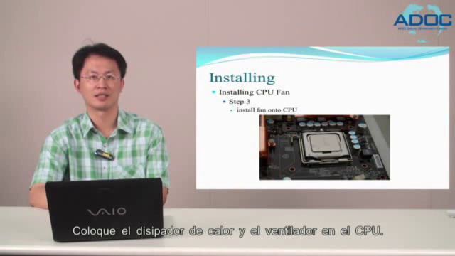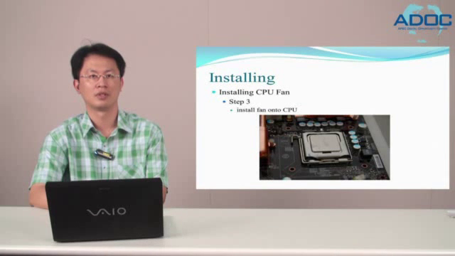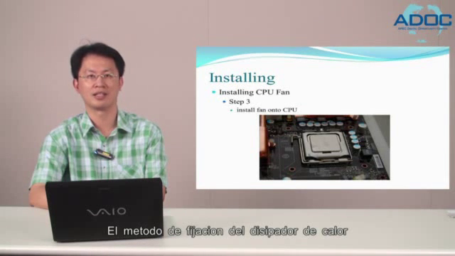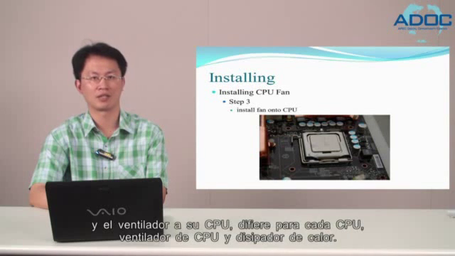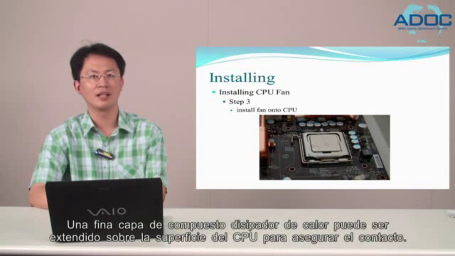Attach the heatsink and fan to the CPU. The method of attaching the heatsink and fan to your CPU differs for different CPU fans and heatsinks. A thin layer of heatsink compound may be spread on the CPU's surface to ensure contact.